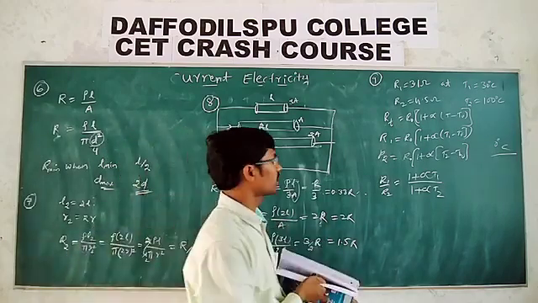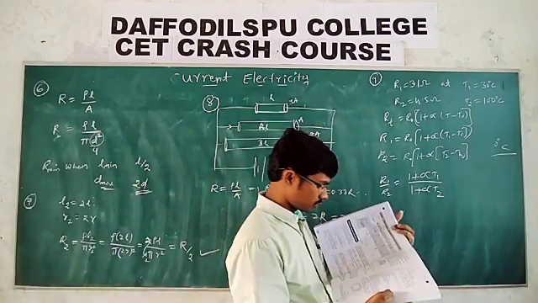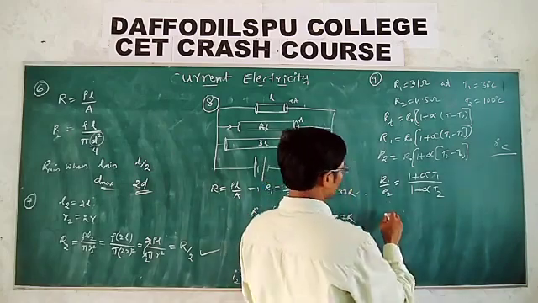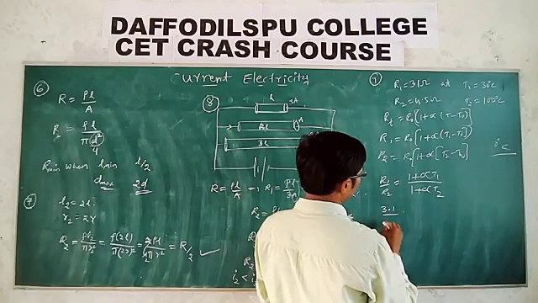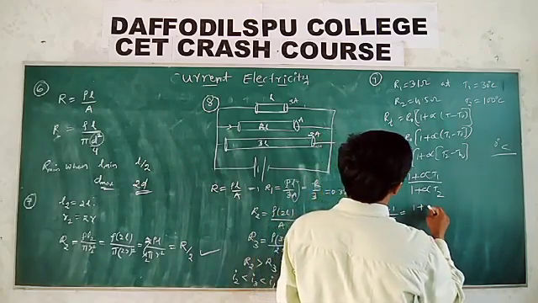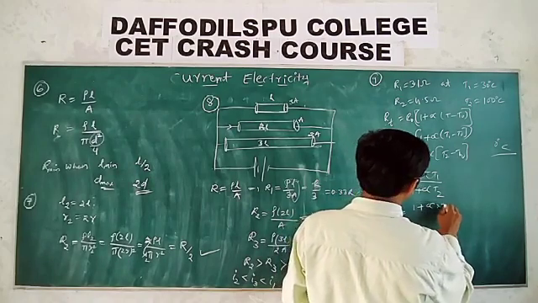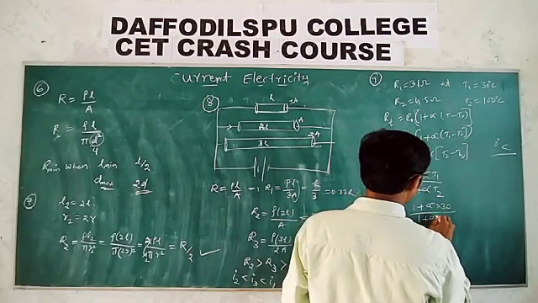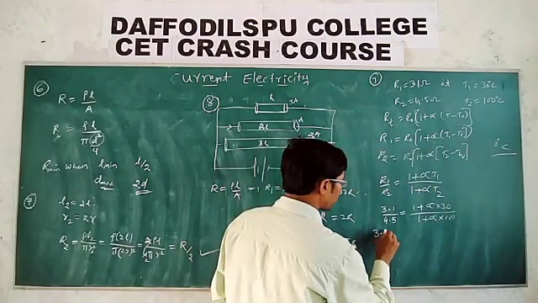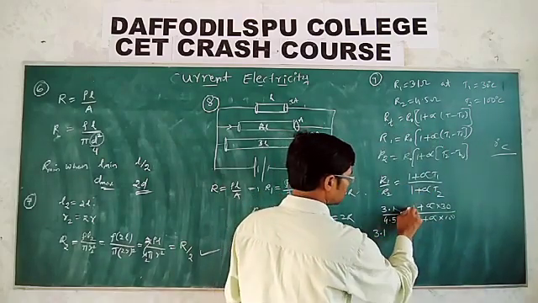Now we need to find the temperature coefficient of resistance, alpha. So 3.1 by 4.5 is equal to 1 plus alpha into 30 by 1 plus alpha into 100. Do cross multiplication.